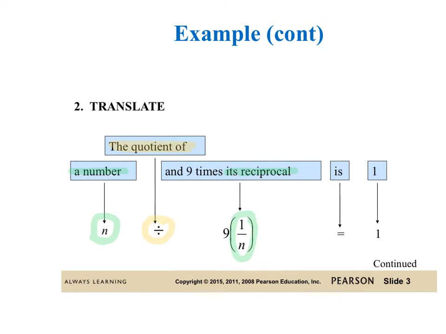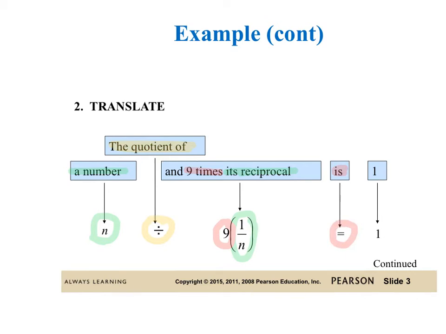So then rereading what the rest of the problem says, the quotient of a number and 9 times its reciprocal. That indicates that 9 is multiplying times the reciprocal. Is, and is in almost all problems means there's an equal sign there.